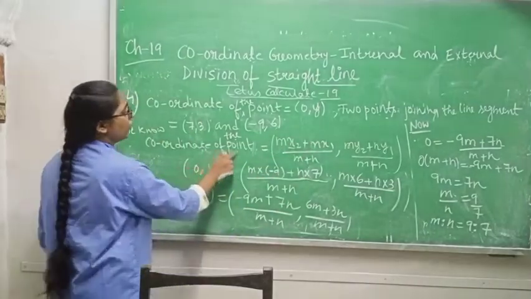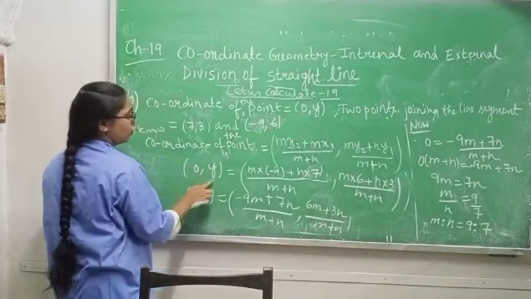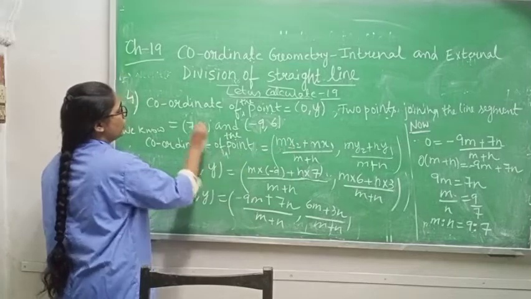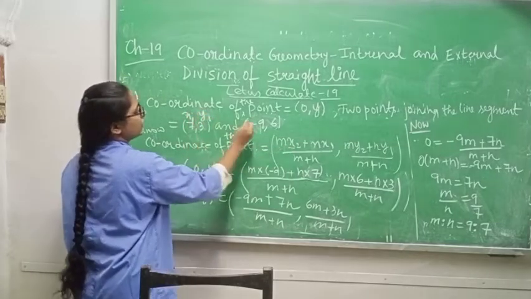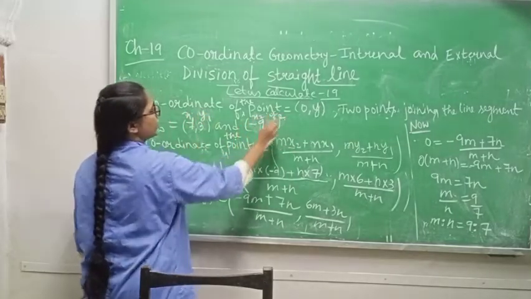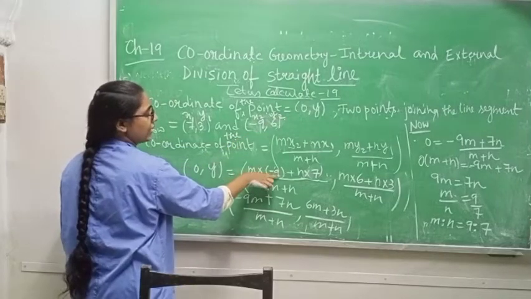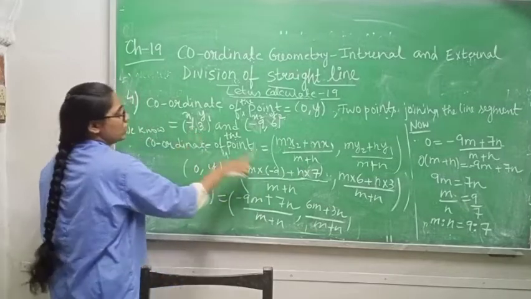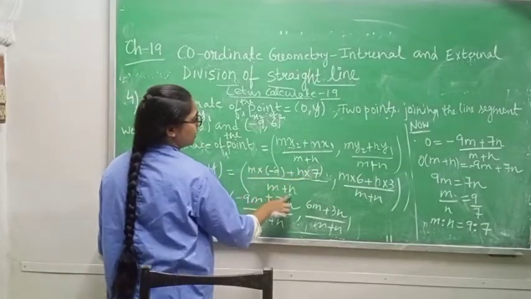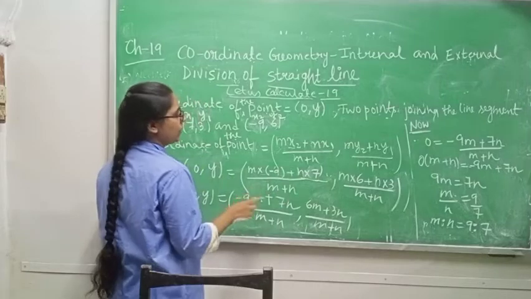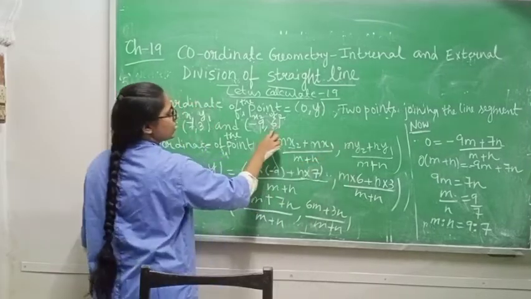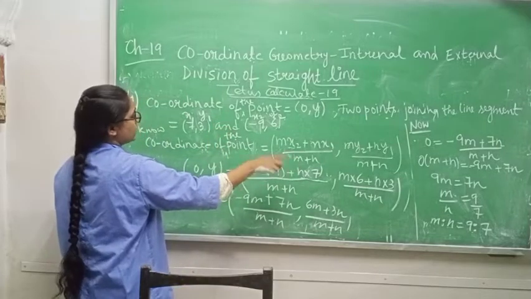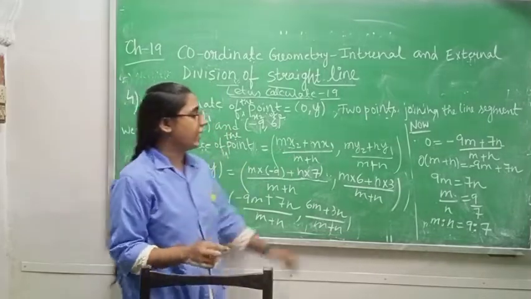Now coordinate of the point is 0, y. m we don't know. This one is x1, this one is y1, this one is x2, this one is y2. x2 is minus 9, so you will write m into minus 9 plus n, you will write as it is, x1. x1 is 7, so n into 7 by m plus n, comma m y2. m you will write as it is, y2 value is 6, so m into 6 plus n y1. n you will write as it is and y1 value is 3, so you will write n into 3 by m plus n.